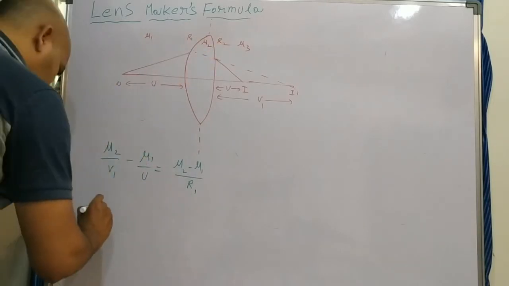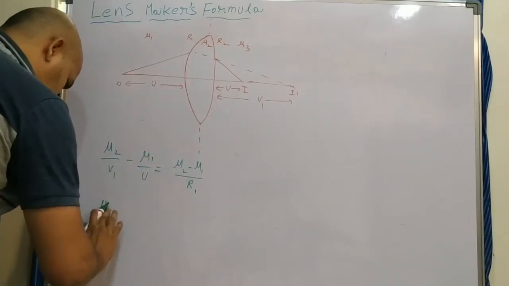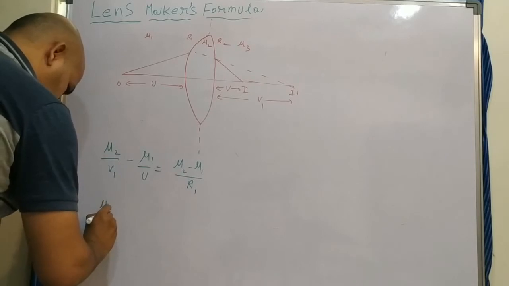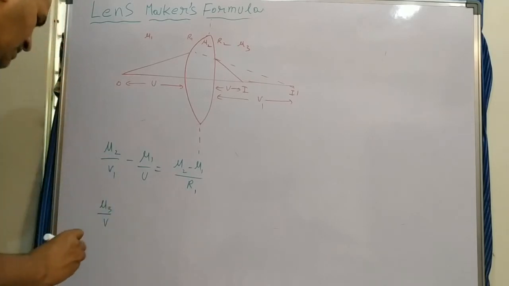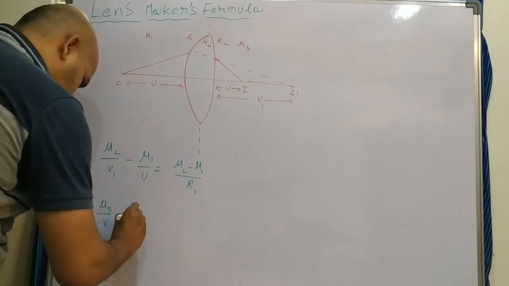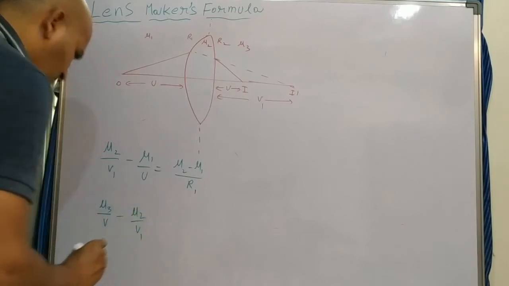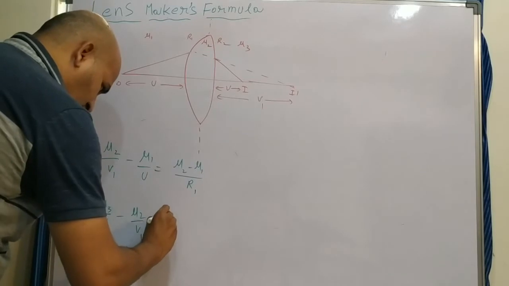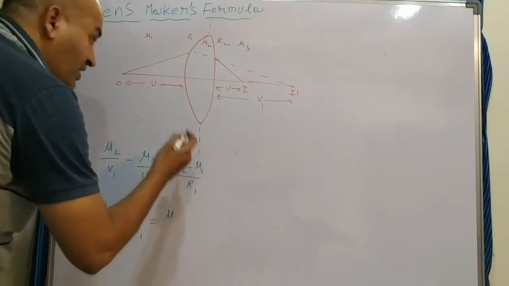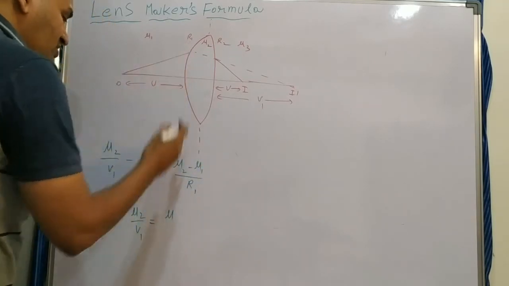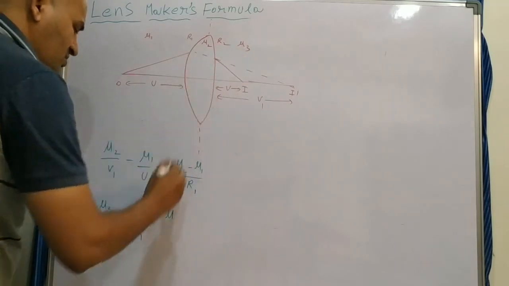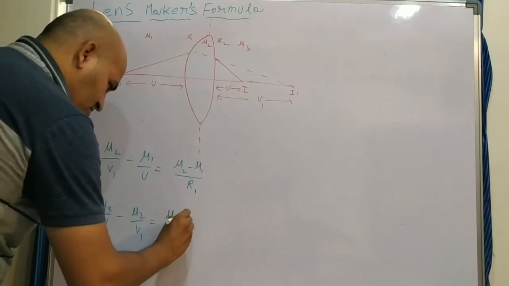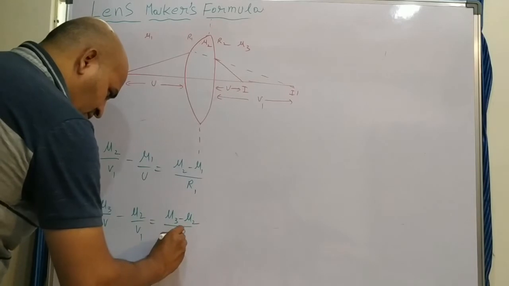So we can write mu3 by v minus mu2 by v1 is equal to, where it enters, last time 1 to 2 gave mu2 minus mu1, now 2 to 3, so I can write mu3 minus mu2 by R2.